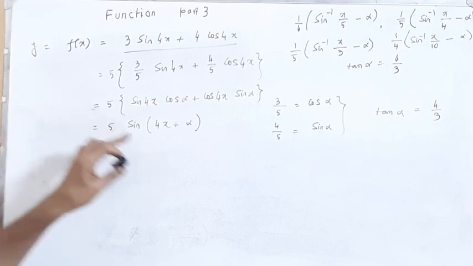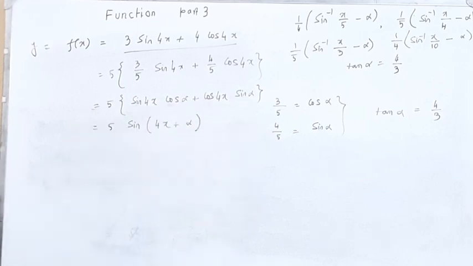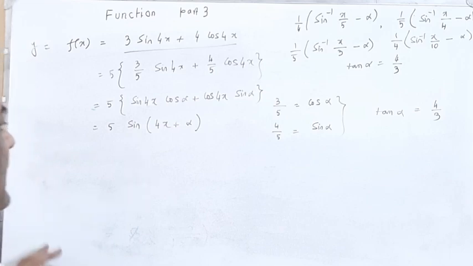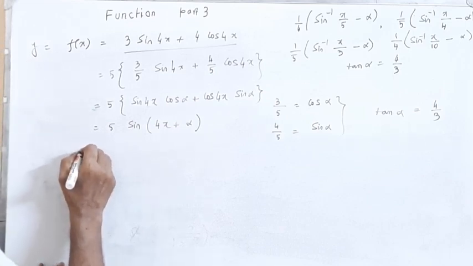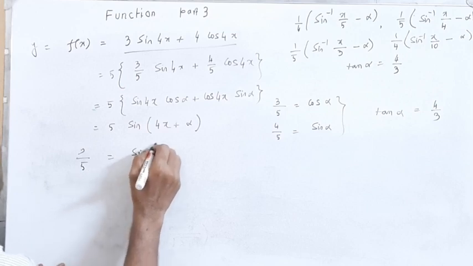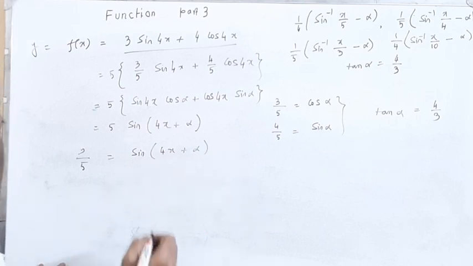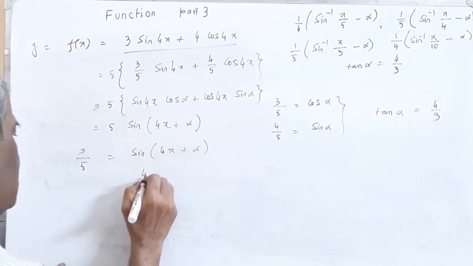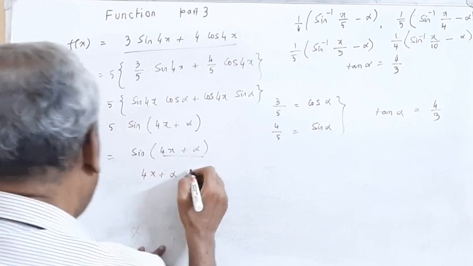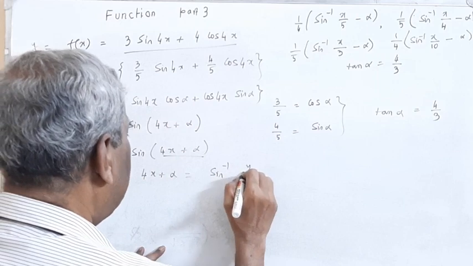Now y is expressed in terms of x and alpha. Alpha is constant. Now from there we have to find x in terms of y. For that purpose, y by 5 is equal to sin of 4x plus alpha. That is, 4x plus alpha is equal to sin inverse y by 5.